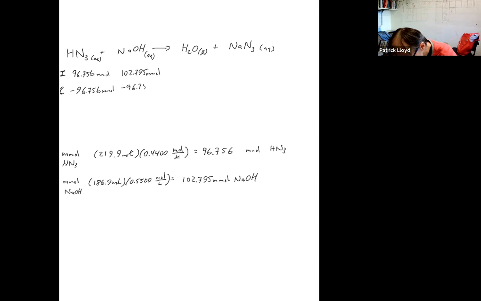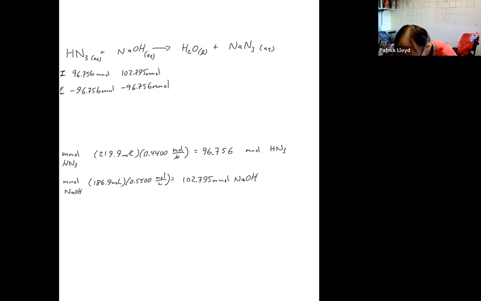You can't lose more than you have, right? You can't spend more money than you have. You can't lose more chemicals than you have. So if you only have 96.756 millimoles of HN3, the amount of HN3 that can react is that amount, and the amount of NaOH that can react is that amount.